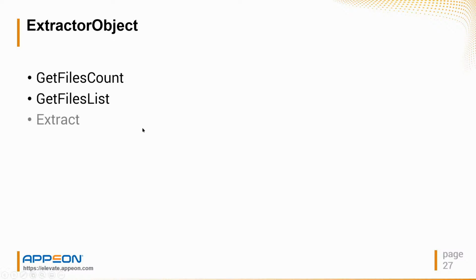Most importantly, the extract function before would simply extract all the files, but now there is an option to extract individual files. So if you get a compressed file that has 100 files in it and you only wanted one of those files, now you could extract that one file without having to extract the other 99.